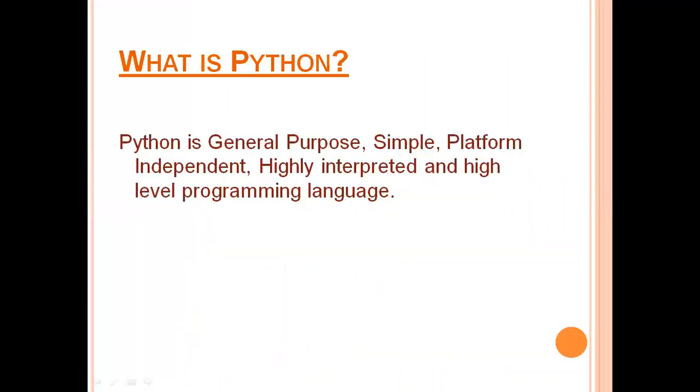It is a general purpose, simple, platform independent, highly interpreted, and high level programming language. So we all know that programming languages like Python, we can use for all purposes.